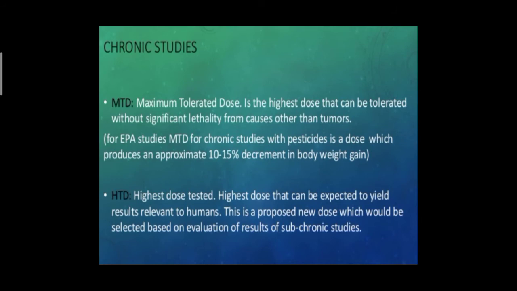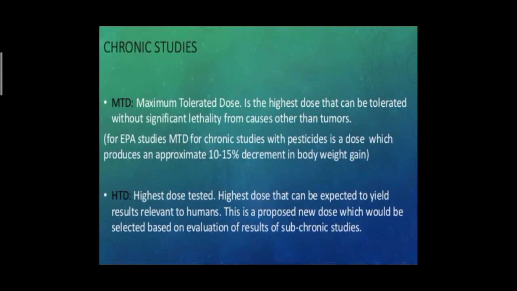Depending upon the particular plant extract collected from the plants and used for research purposes, they have to find out what is the highest tolerable dose and what is the highest toxicity dose. Lethality means killing. For some extracts they will fix up to 2000 milligrams per kg body weight, but that is the maximum tolerable dose that we can give to the animals.